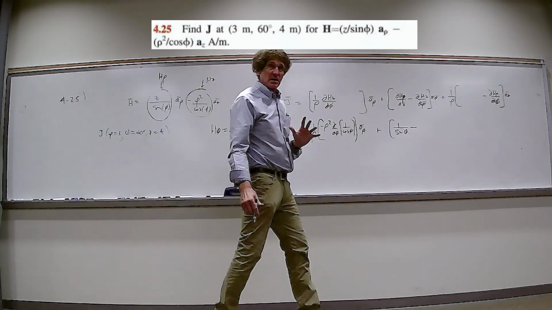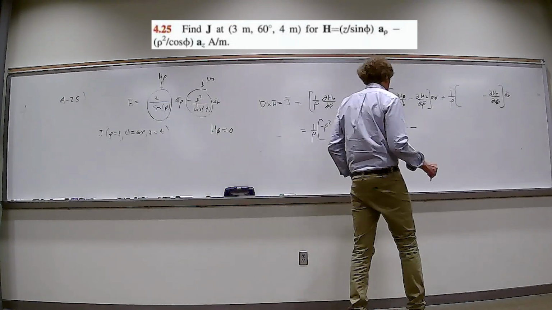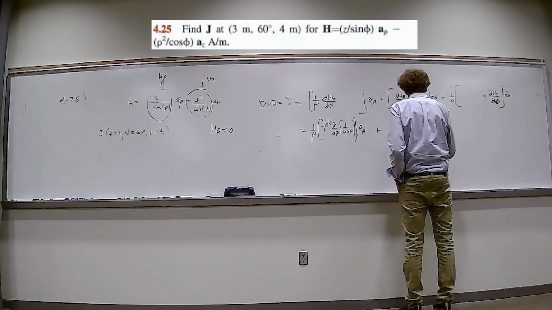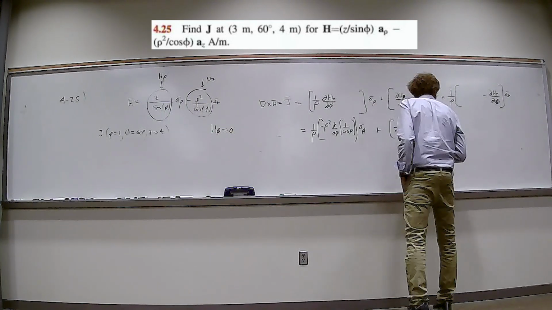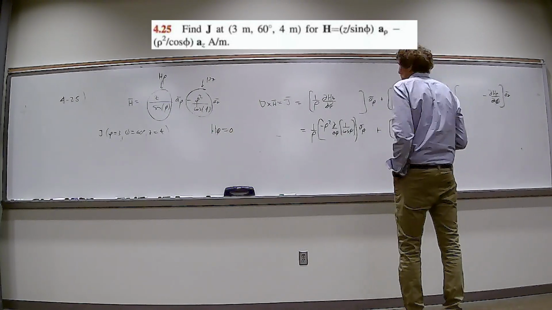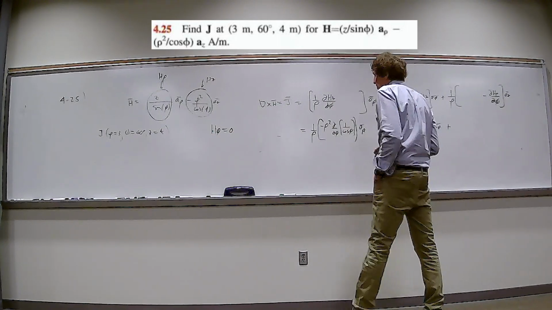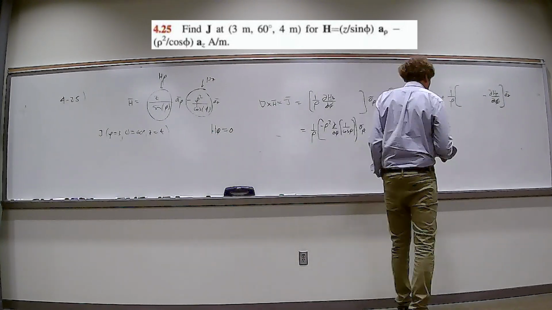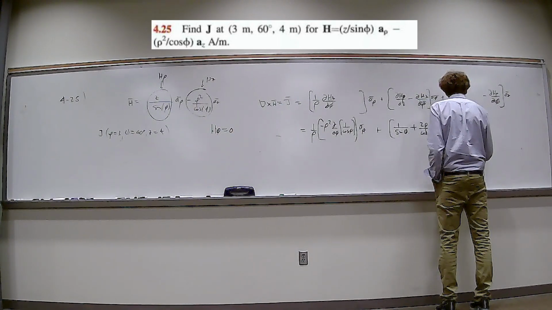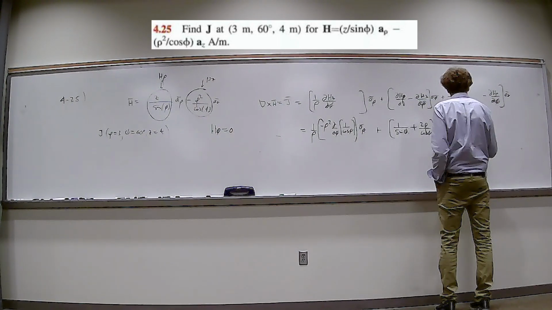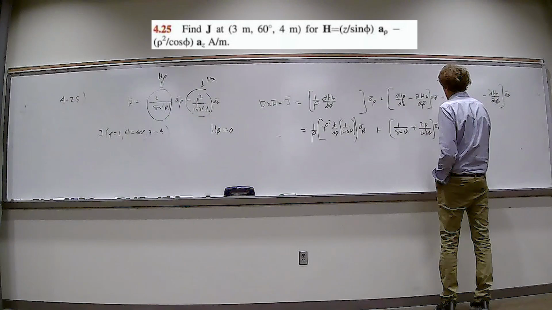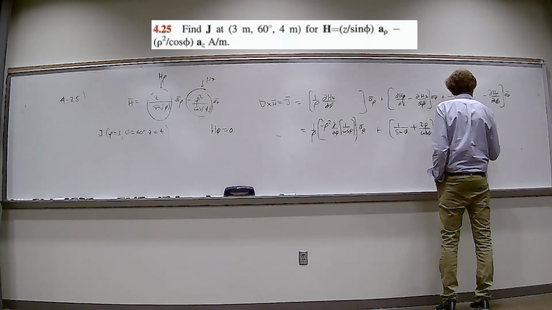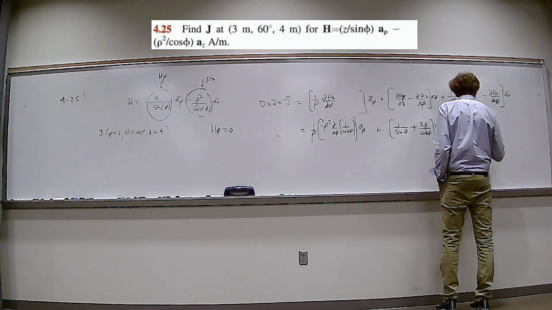Do you all agree with that, class? Let me see this right. So this is going to be minus a minus, or plus, 2 rho over cosine of phi in the a phi direction, plus, and then we have dh rho d phi, and so then we have 1 over rho here, and then we have, it's minus, derivative of that with respect to phi is minus the z times derivative of this with respect to phi.